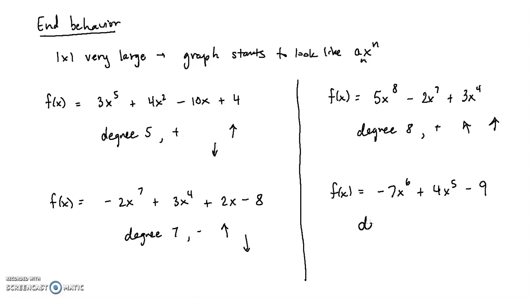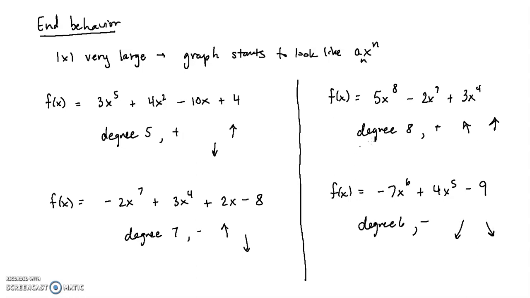Okay, so that's degree 6. That's our highest exponent. And be careful if they're not in the right order, but we're not going to look at them too much in the factored form. So we're degree 6, and we have a negative out front. So we've got even degree, and a negative out front tells us that it's like a parabola facing down. So our two ends are going to face down.